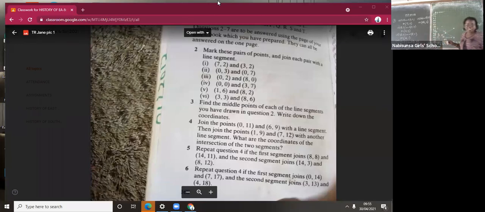Still in the same way, in order to find the midpoint, we have to find out how many steps we move across and how many steps we move vertically. So can we count? 1, 2, 3, 4, 5. 5 steps across.